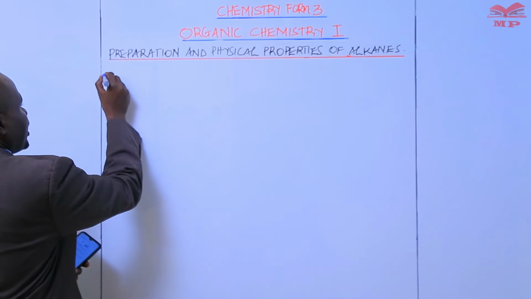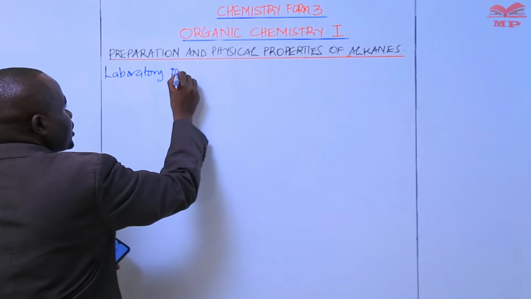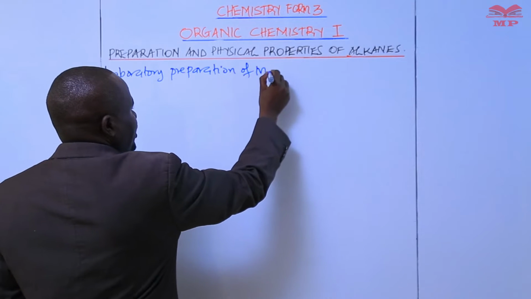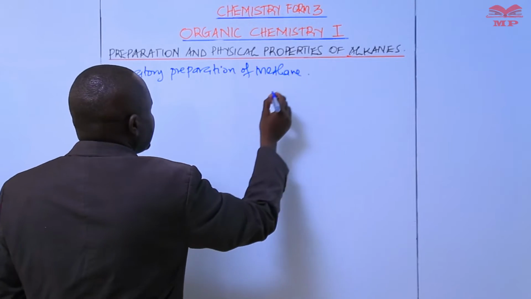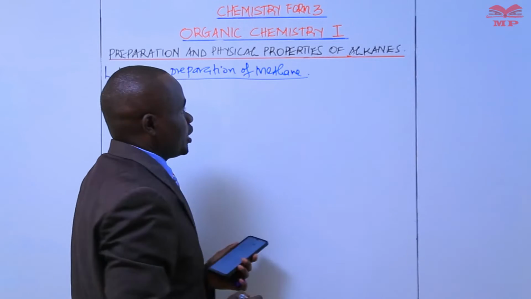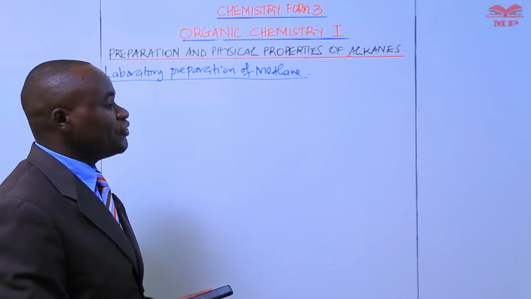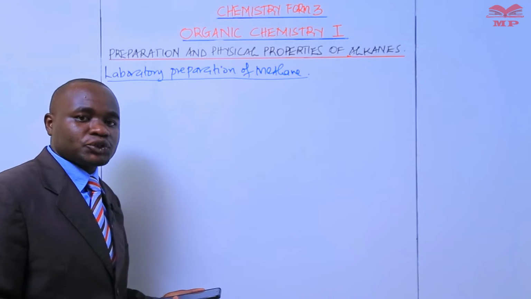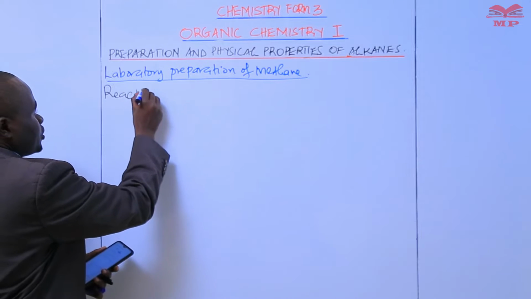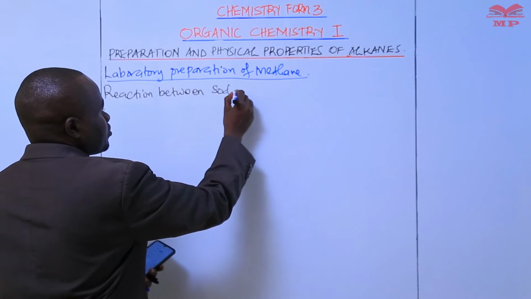So, laboratory preparation of methane. So we start with methane, and then we shall give a general method of preparation. So methane is prepared in the laboratory by reaction between soda lime.